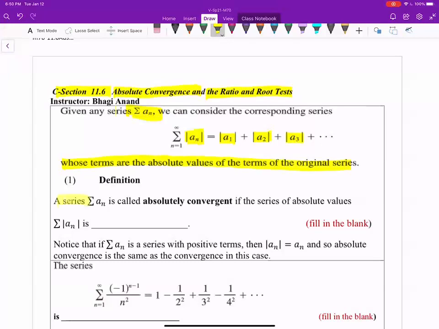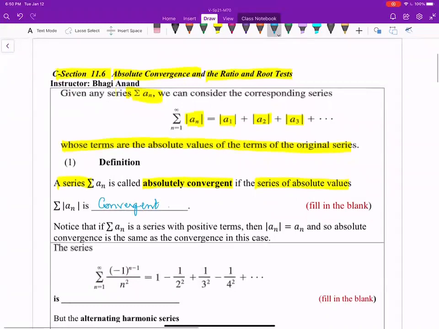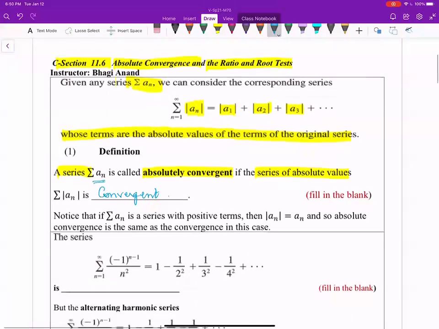A series sigma a_n is called absolutely convergent if the series of absolute values, namely sigma absolute a_n, is convergent. Meaning, if you take the absolute values of all the terms of the series and that series is convergent, then the original series is said to be absolutely convergent.